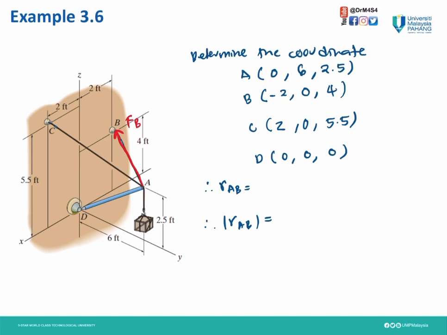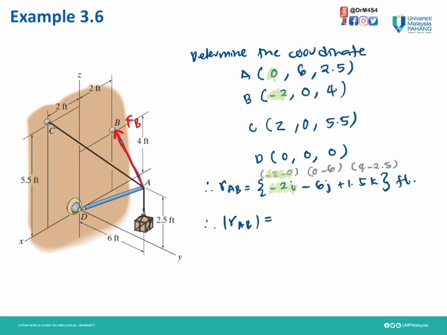Once we identify our coordinates, we can find the position vectors and their magnitudes. Now let's find the position vector for FB. FB is from A to B, so the position vector is RAB. Once we get the position vector, we can calculate its magnitude. So position vector RAB is B minus A. Negative 2 minus 0, so we get negative 2i.